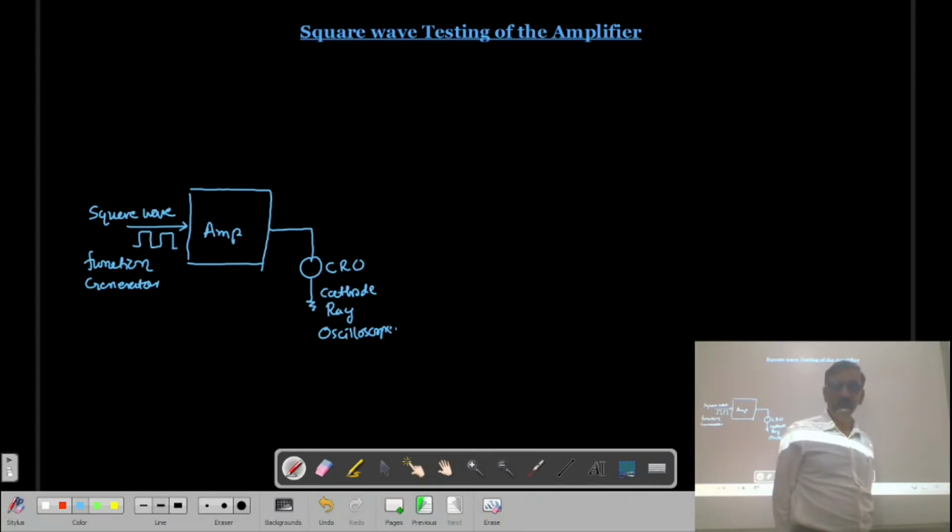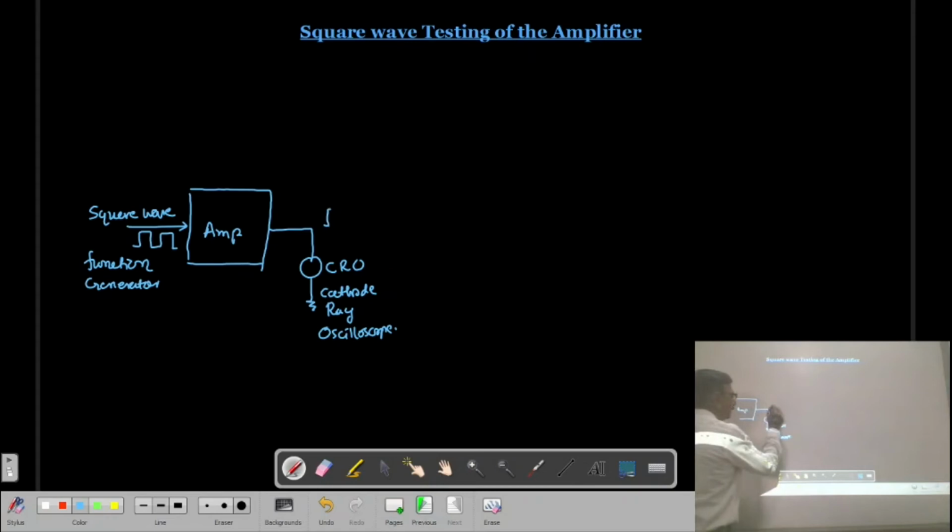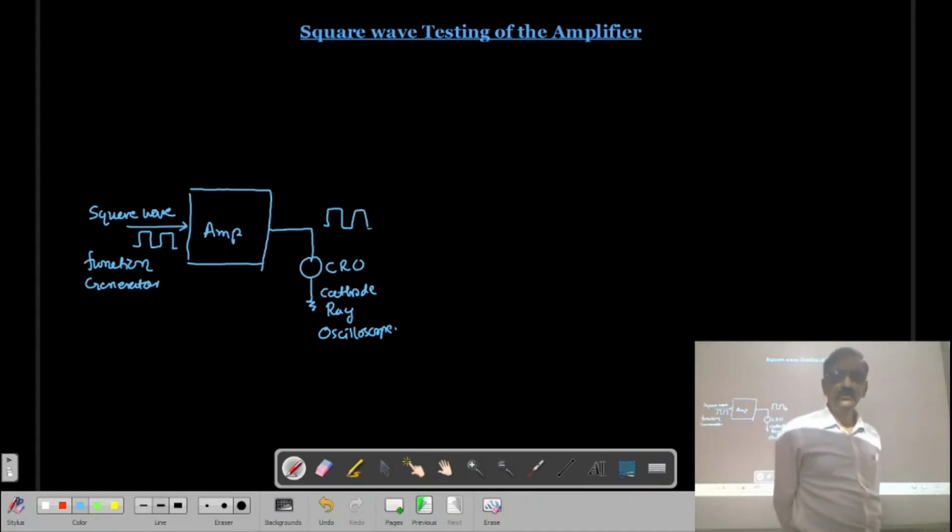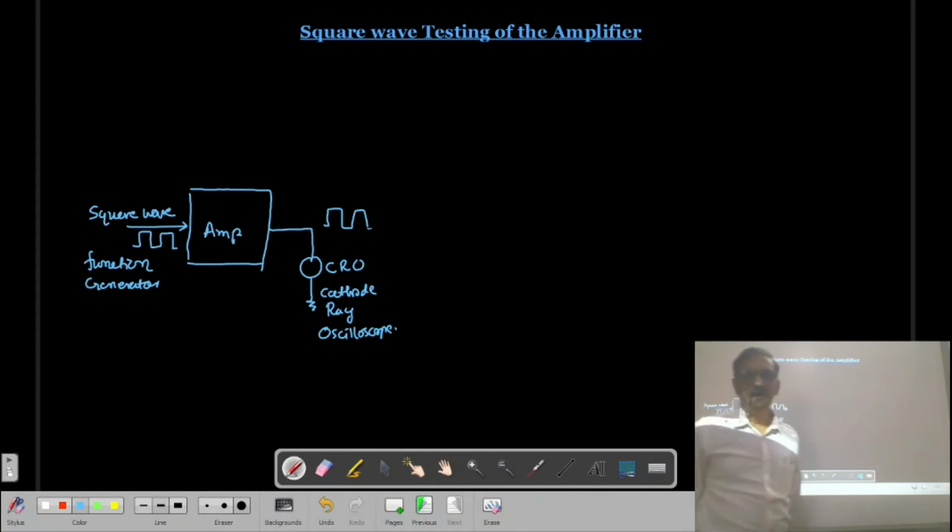You can see the shape of the signal. If we apply the square wave and in the output you see a perfect square wave, then you can say there is no distortion in the amplifier.